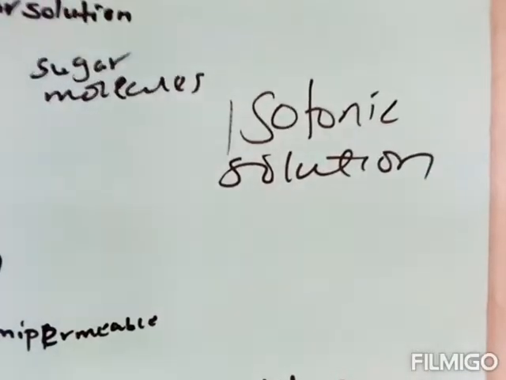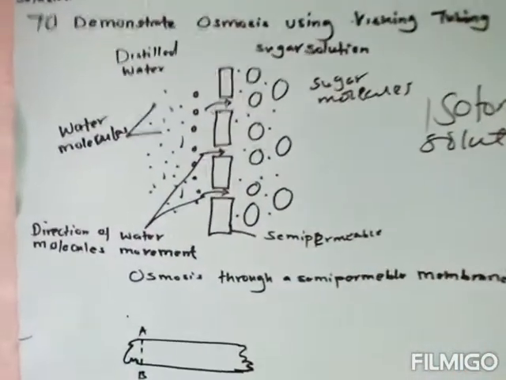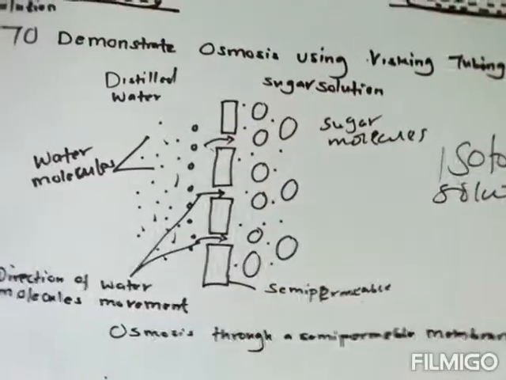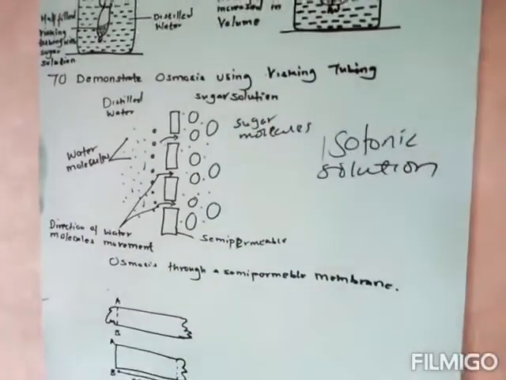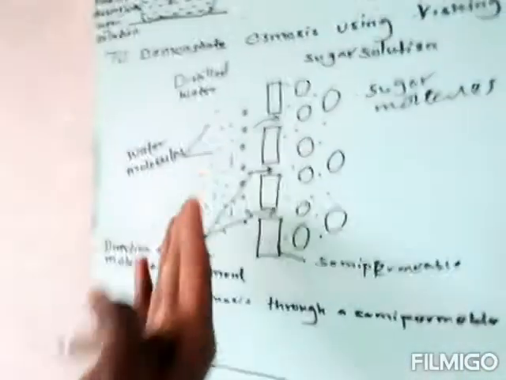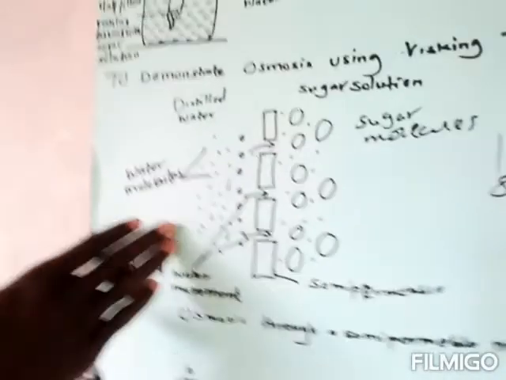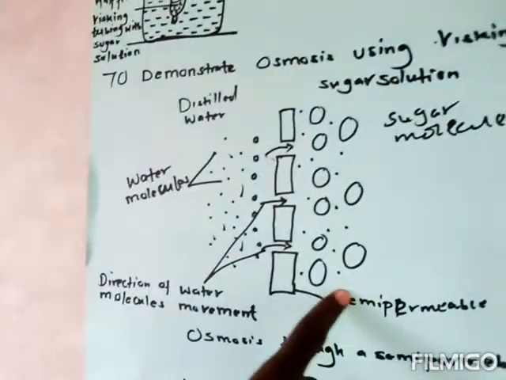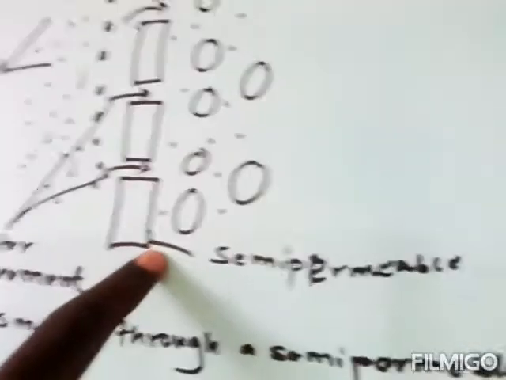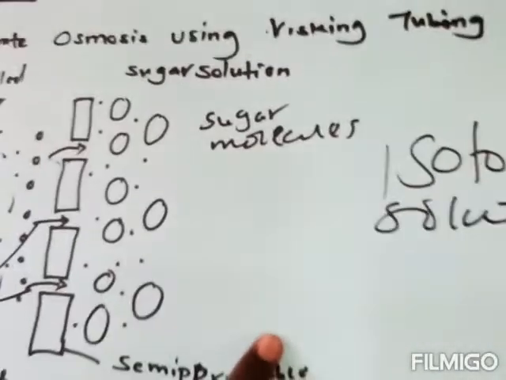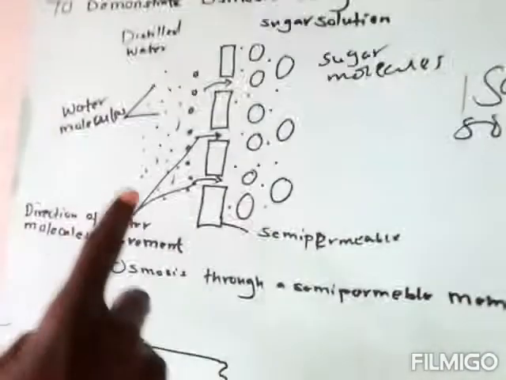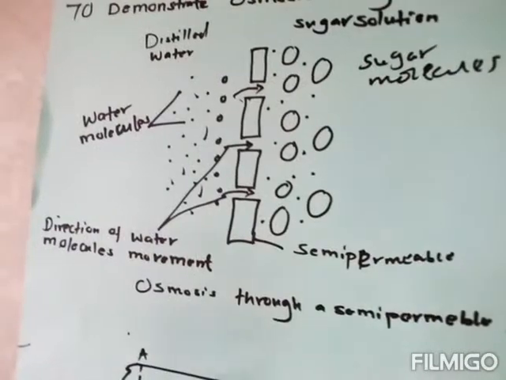Now, when we look at isotonic solution, we obtain it when, for example, in this case, we had distilled water separated by sugar molecules, but the water molecules diffused through the semi-permeable membrane to the other side, until we reach an equilibrium, whereby there was no further movement of water across the semi-permeable membrane.